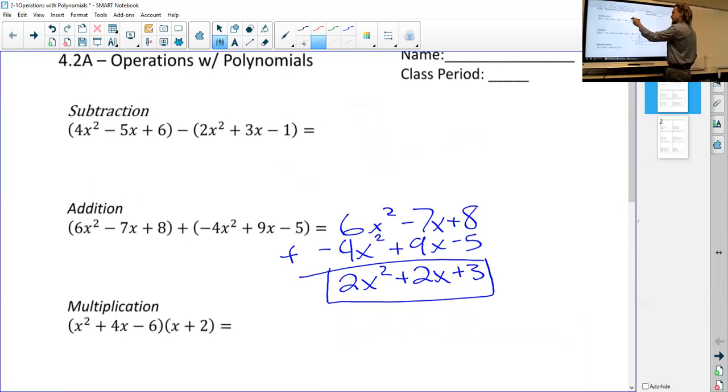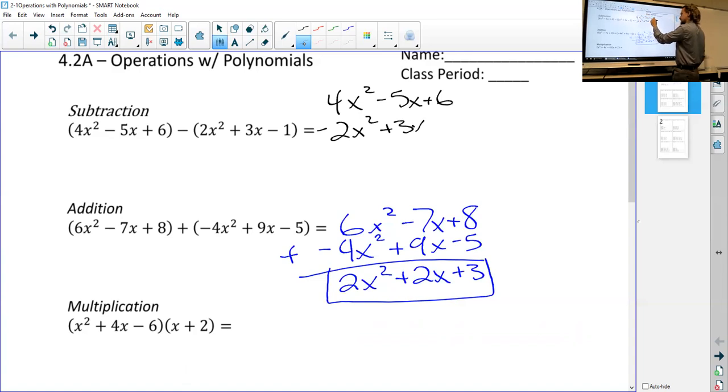Similar idea. So if we start out, we write out 4x squared minus 5x plus 6, and then minus 2x squared plus 3x minus 1. All right. So we're going to look at this two ways. First way is to just straight up subtract. So 4x squared minus 2x squared is 2x squared.